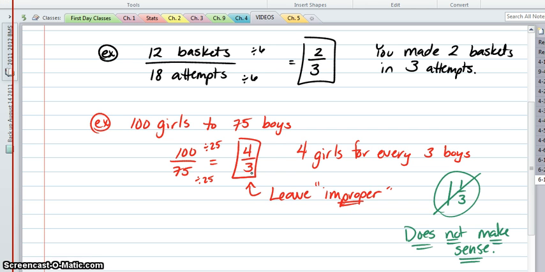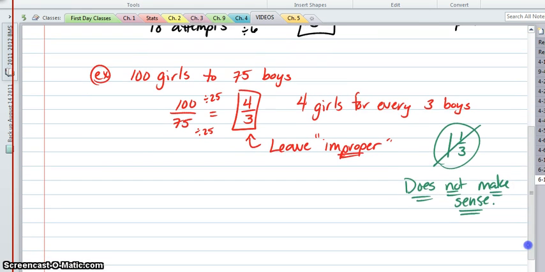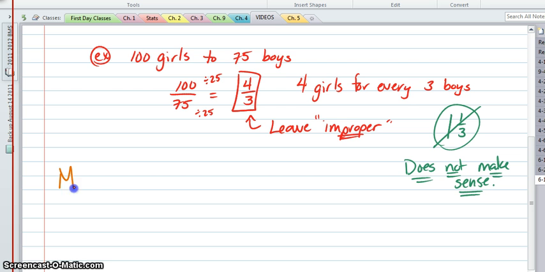Something else I just want to mention, measurement. Measurement is pretty big, and we have to do a little bit of conversion when working with measurement sometimes before simplifying a ratio. Whenever you have measurement, for example, if you're working with feet or inches, pints, quarts, ounces, or pounds, you need to make sure that you're always comparing the same units.